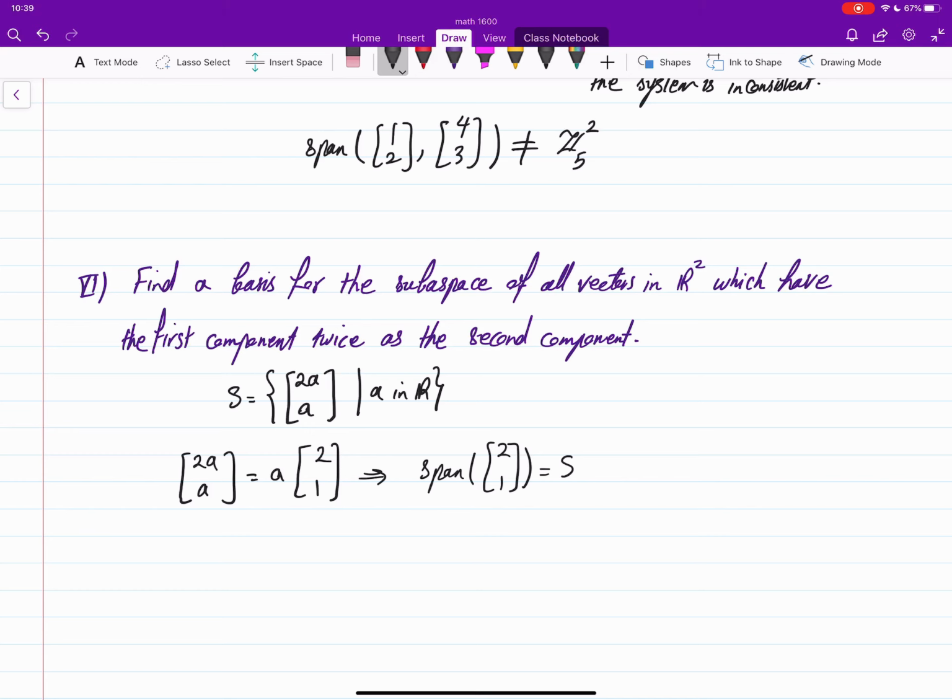And 2, 1 is only one vector. Any non-zero vector, just take any non-zero vector and put it in a set, is going to be linearly independent.